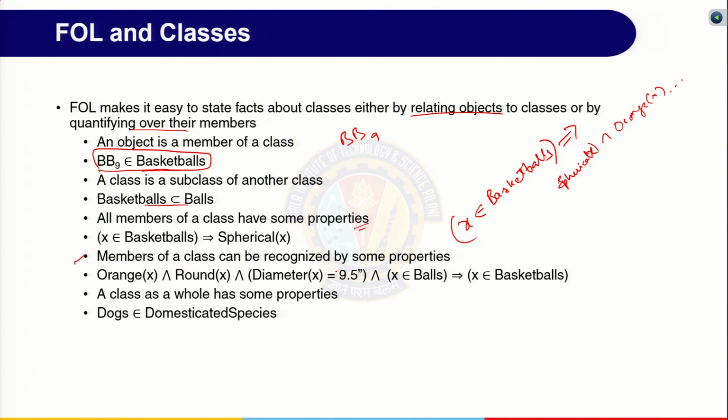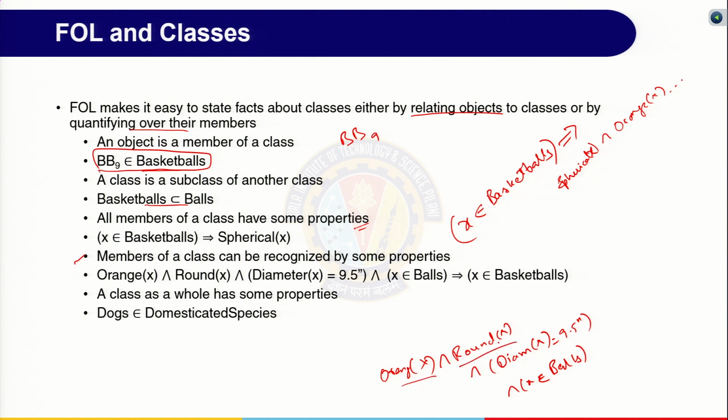I can define classes using properties. So let's say I take an object X and I say that object X has the property that it is orange in color, it is round in shape, it has a diameter of, let's say, 9.5 inches, and it belongs to the class balls.